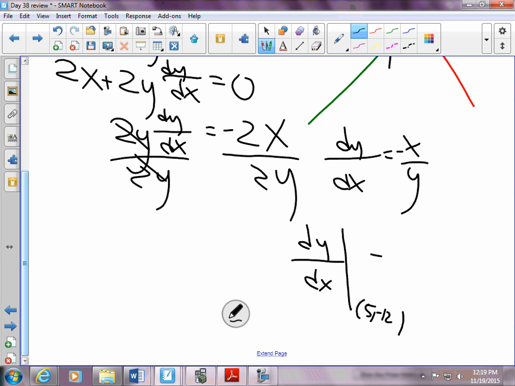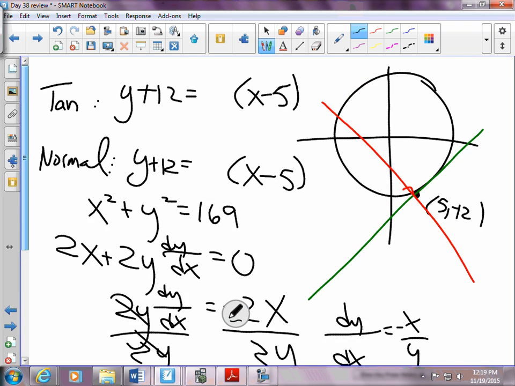So we have negative 5 over negative 12, which is just 5 twelfths. So the slope of our tangent line is 5 twelfths.